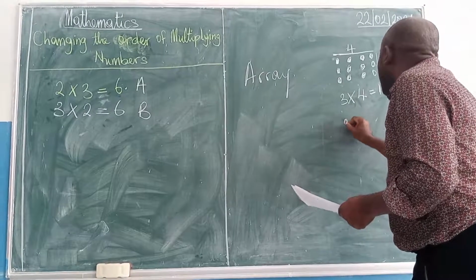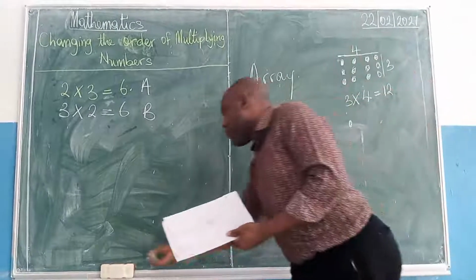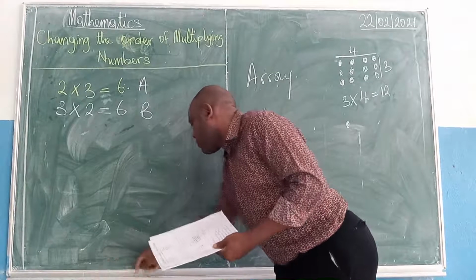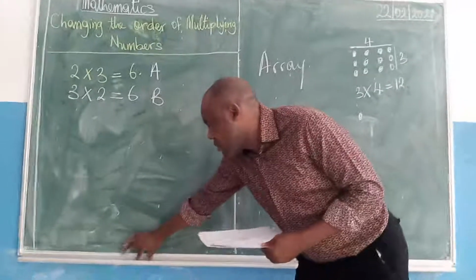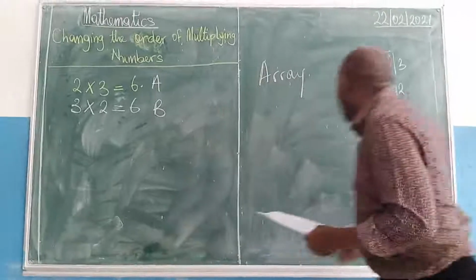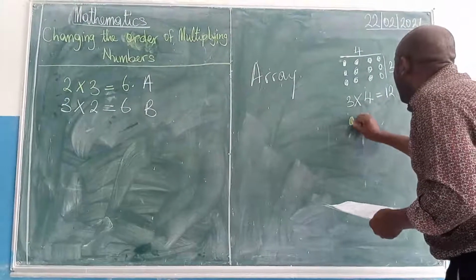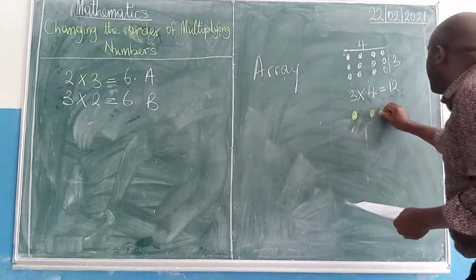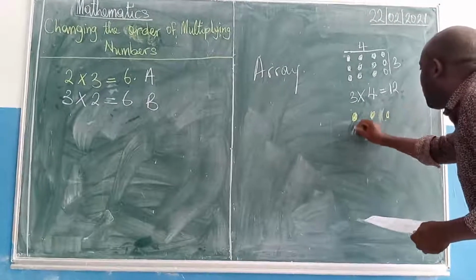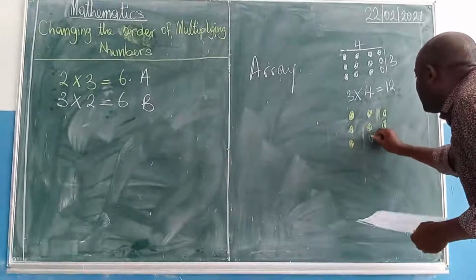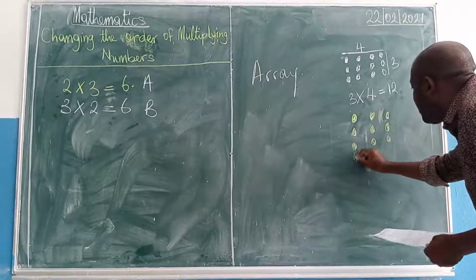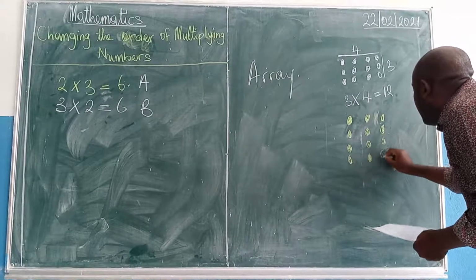This will be, let me use another color in changing the array. We'll have 1, 2, 3, and again 1, 2, 3, and 1, 2, 3, and 1, 2, 3.